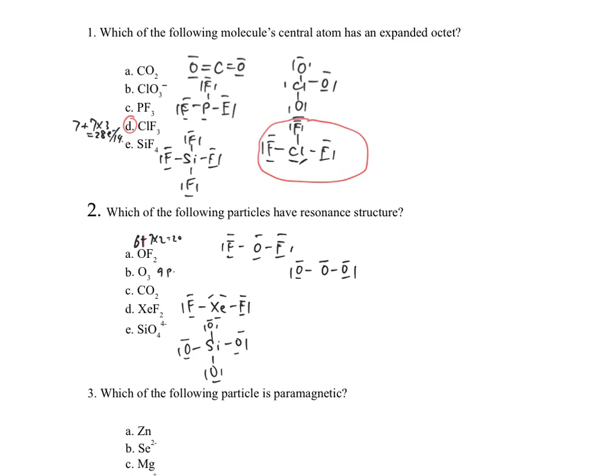That means one of these 2 oxygens should be taking one for the team, and the result is that either this guy is forming a double bond, or the other guy is forming a double bond.